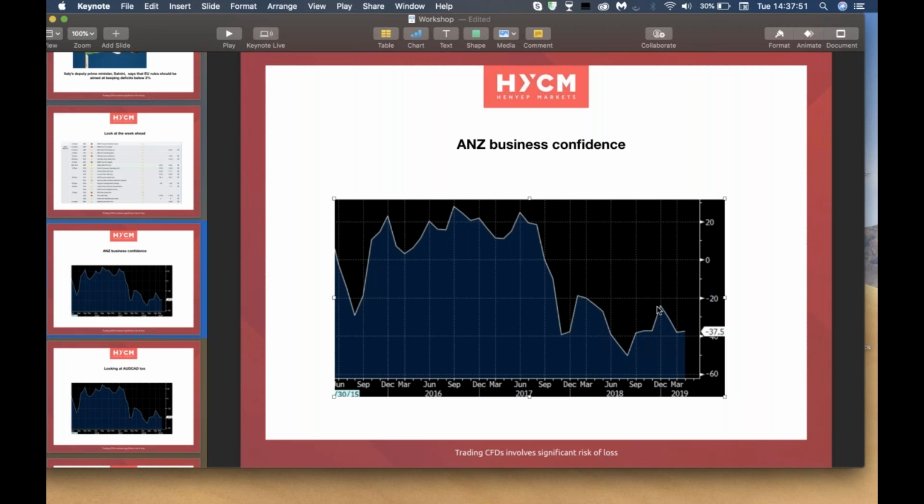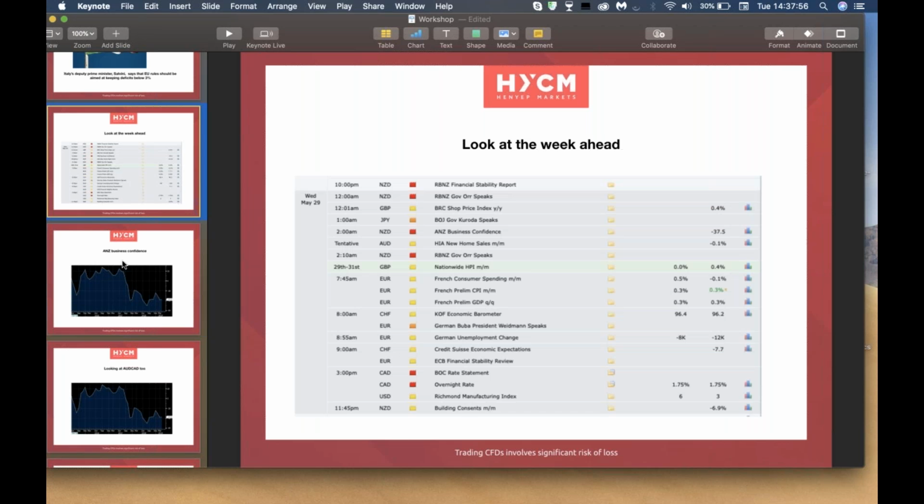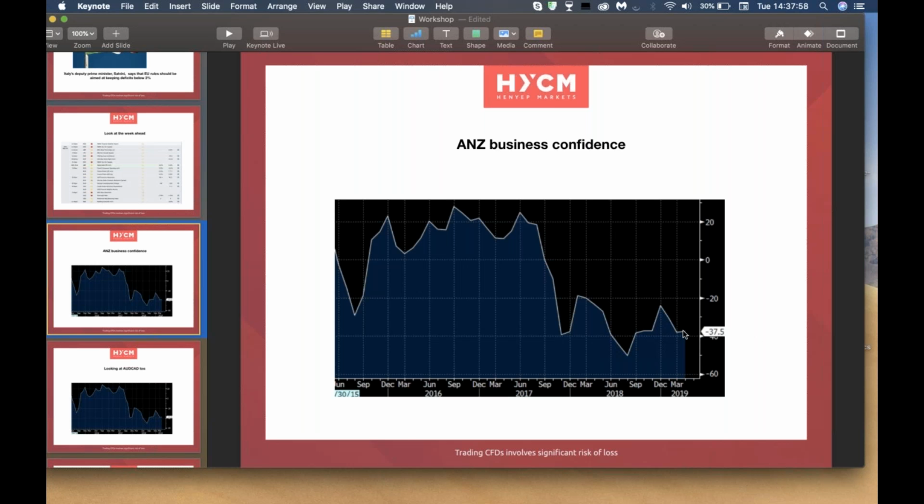We've seen a slight pickup in the business confidence level, and it is expected that the level may pick up again, because there were some plans by the New Zealand government to increase some capital gains tax. That increase or launch of the capital gains tax has been cancelled. So we're expecting to see this number potentially ticking up.